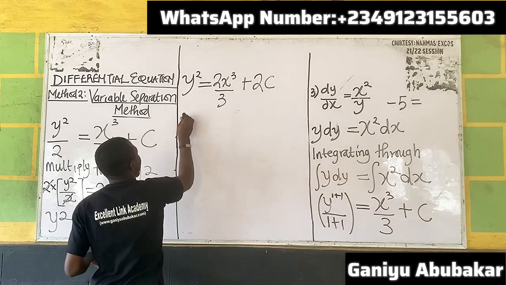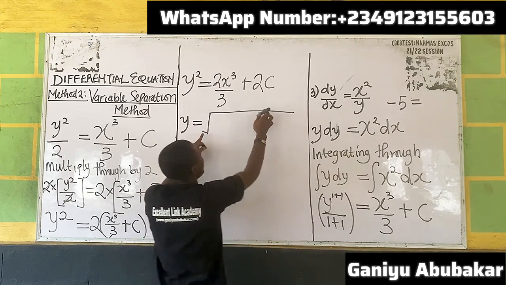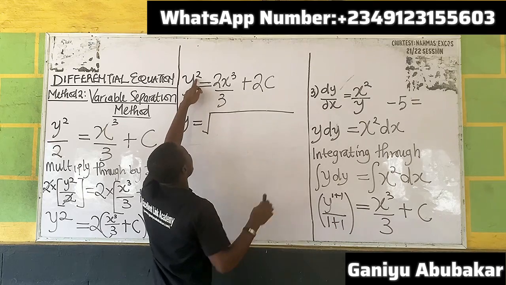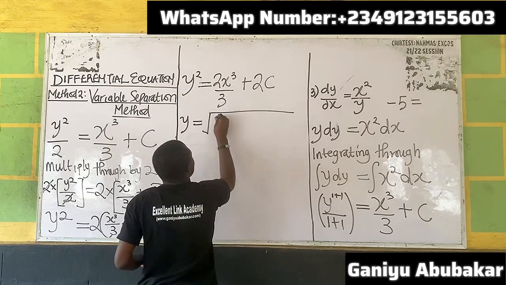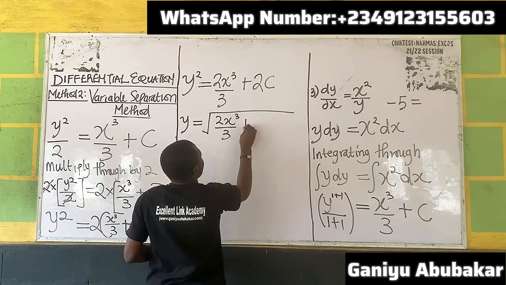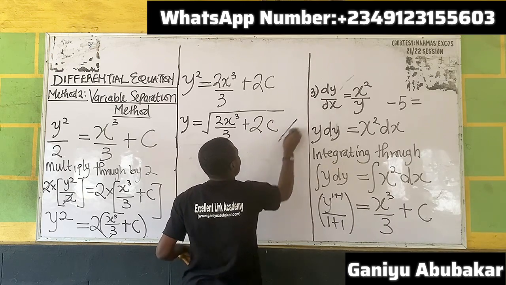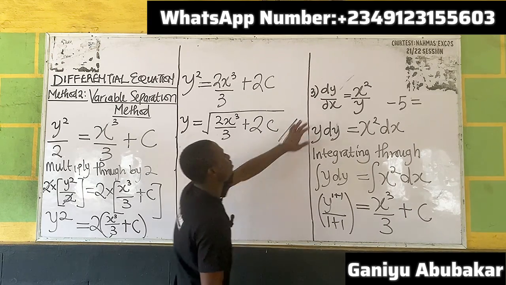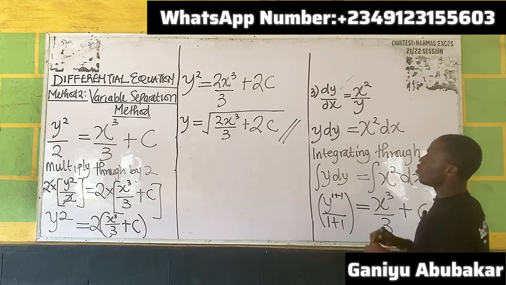So you have y equals the square root of 2x cubed over 3 plus 2c. This is the required solution for this differential equation question.